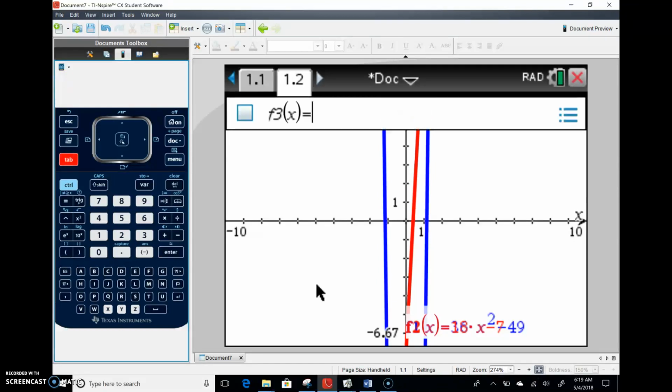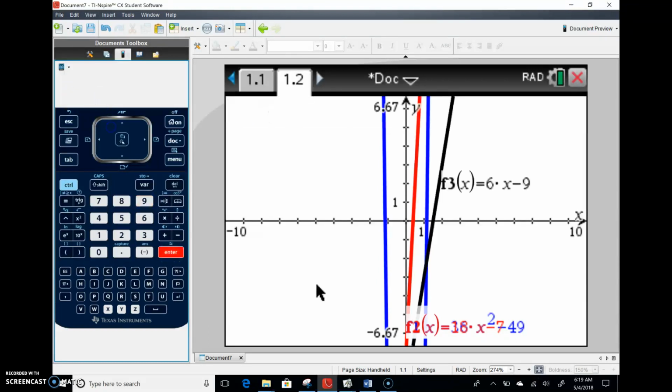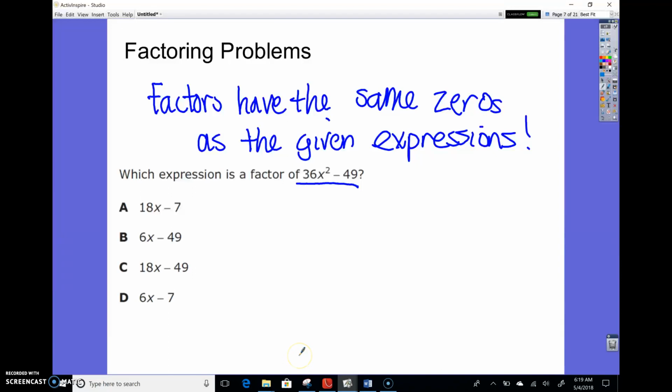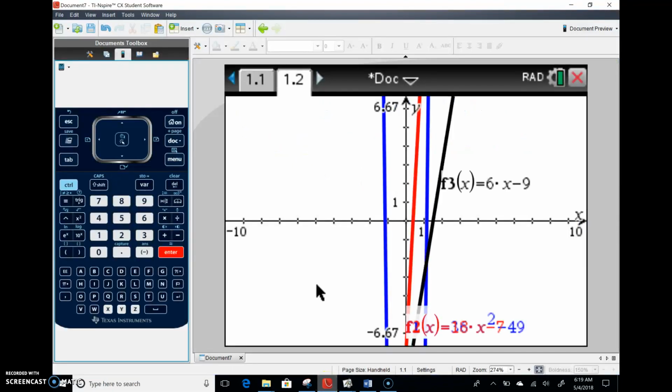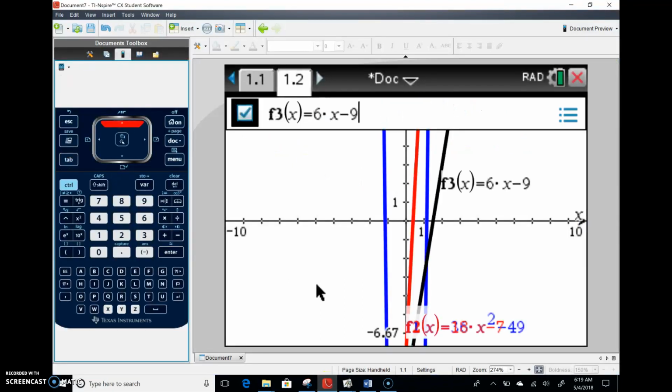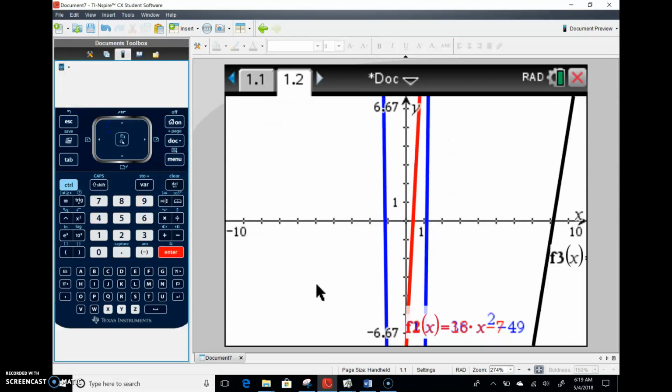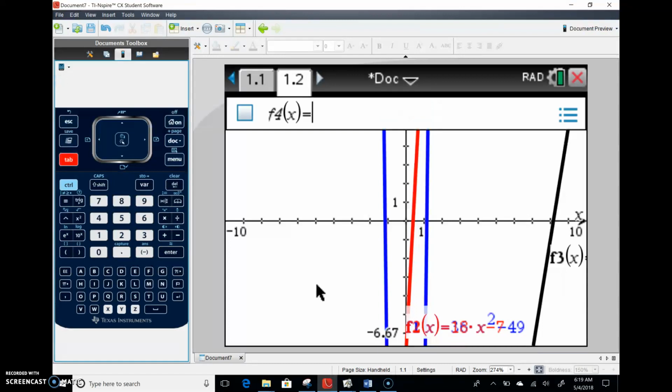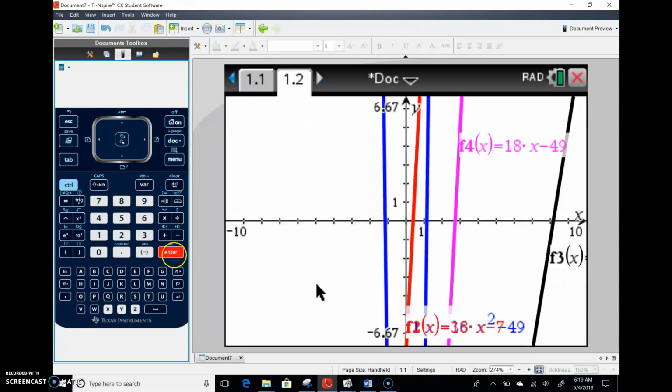That's not correct. 6x minus 9. That's not correct. 6x minus 49. And 18x minus 49. So let me change that. See, that's way off. 18x minus 49.